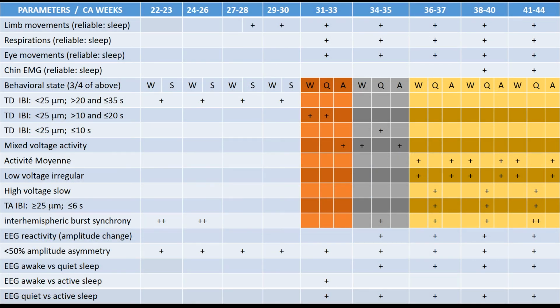As you can see in this table, at 33 weeks during active sleep, the EEG activity present corresponds to mixed voltage activity.